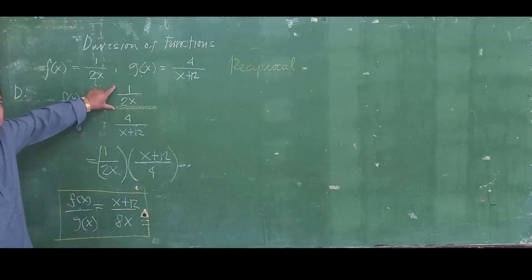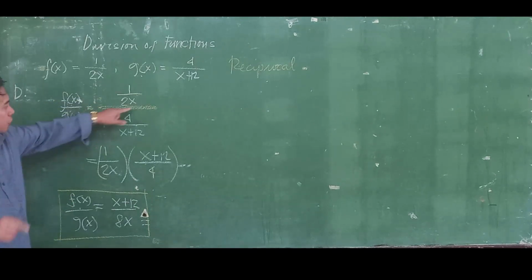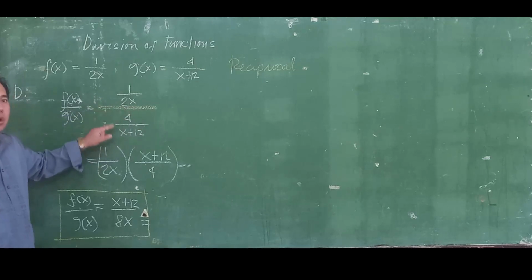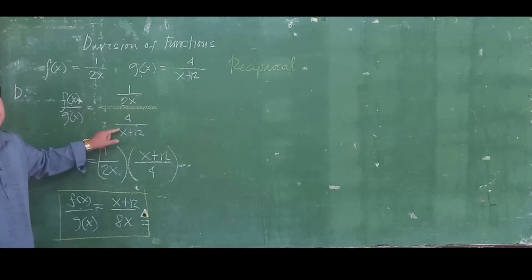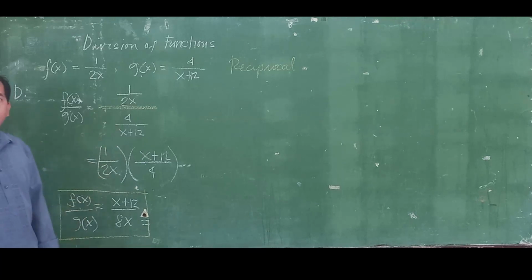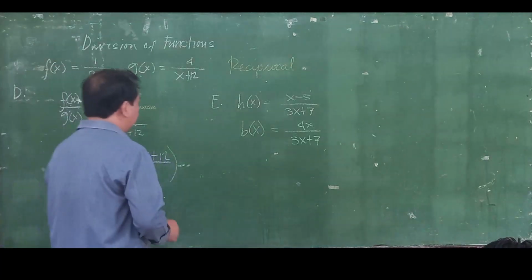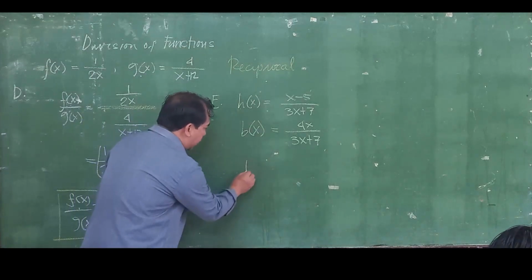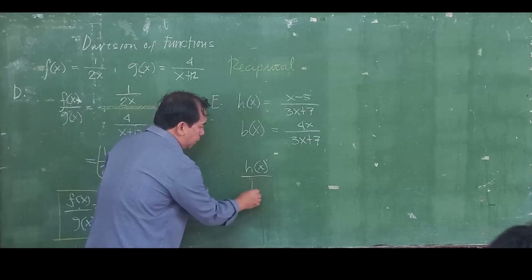Now, again, let's go back. If you are dividing fractions, or if the divisor, or the denominator, is a fraction, what will you do? Get the reciprocal of our divisor. The divisor is always the denominator. Now again, what we will divide is h of x over b of x.